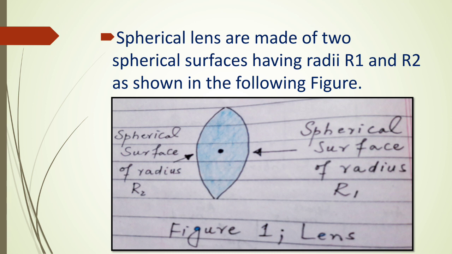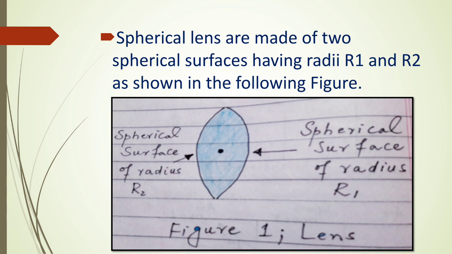Spherical lenses are made of two spherical surfaces as shown in this diagram. The radius of the spherical surface on the left side in this diagram is R2, and the radius of the spherical surface on the right side of this diagram is R1.